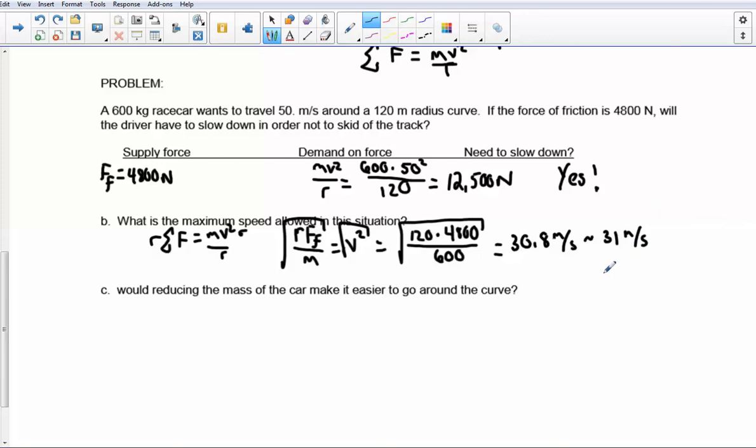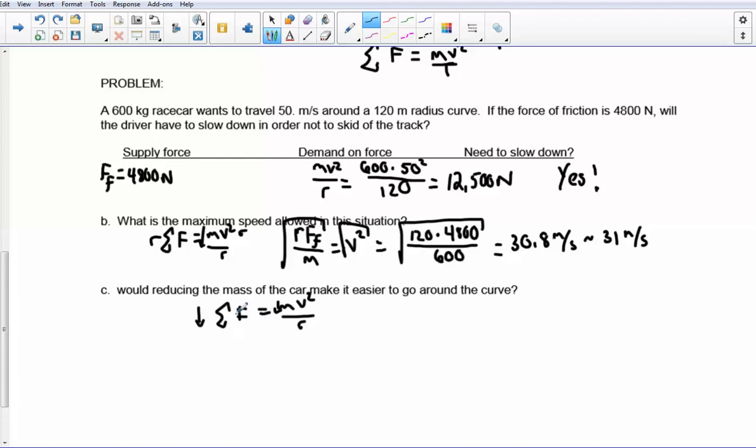That makes sense because 31 is less than 50, so if we slowed down we were able to make it around the turn. Now the next logical question is, what if we reduce the mass? At first glance we can say that if I make the mass smaller, then the supply force must be smaller.